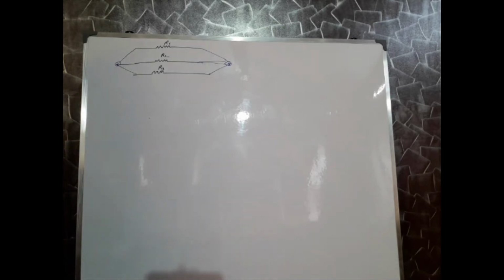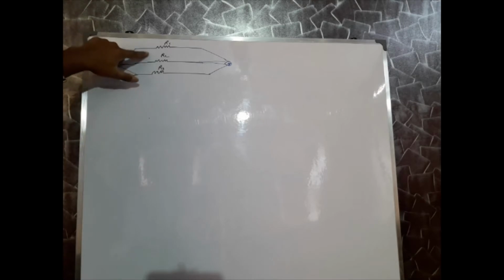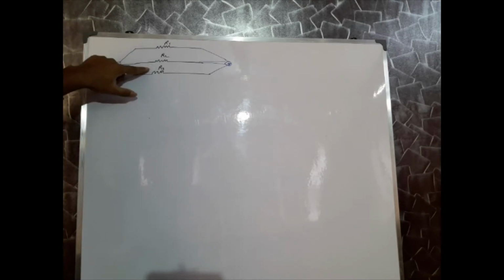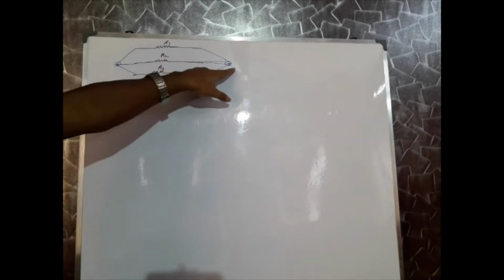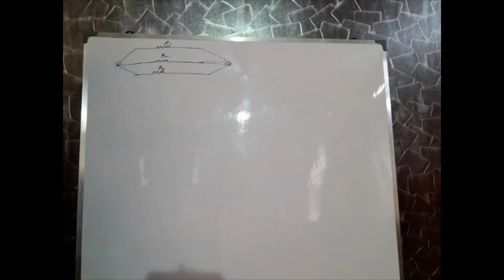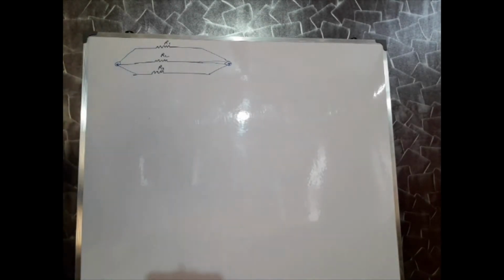Parallel combination means the first part of each resistor is connected to the same point, and the second part of each resistor is connected to another same point. Okay, this is nothing but the parallel combination.